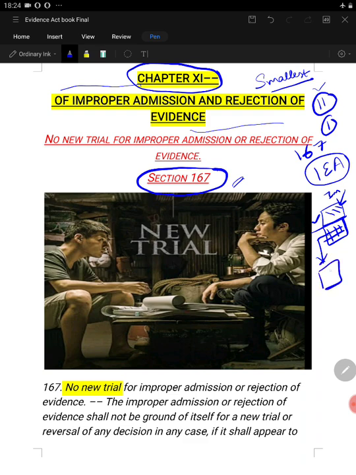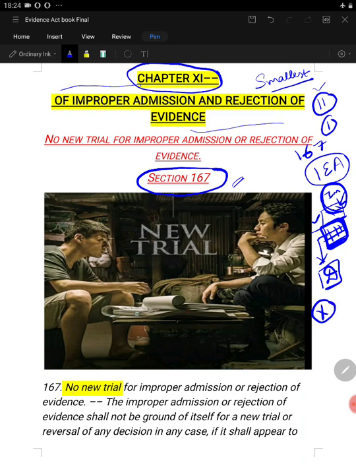But the decision is based only on those evidences which are admissible and relevant. Then in that case, only because some evidence has been improperly taken, there will be no new trial.